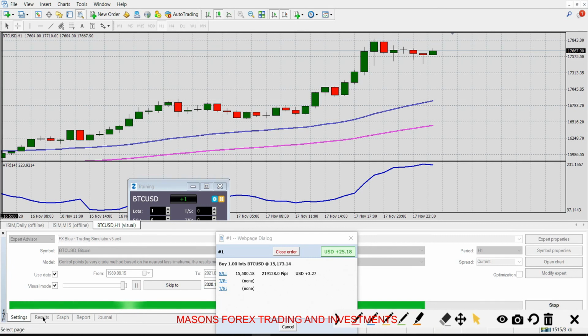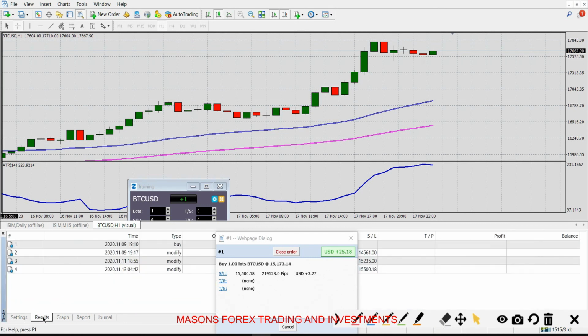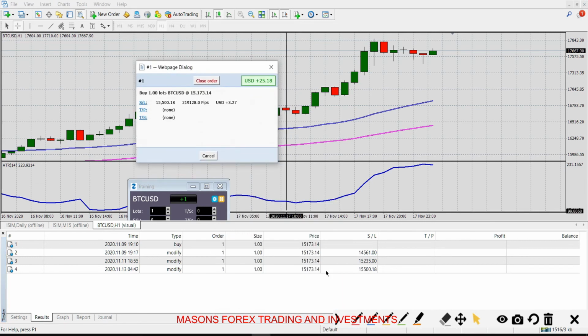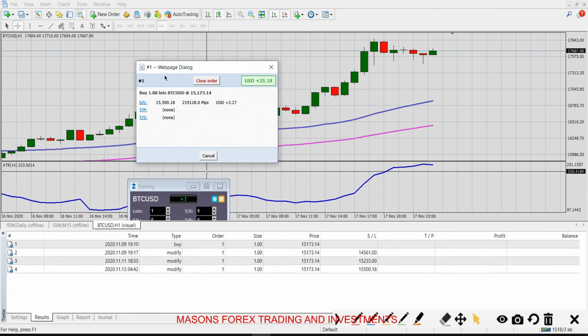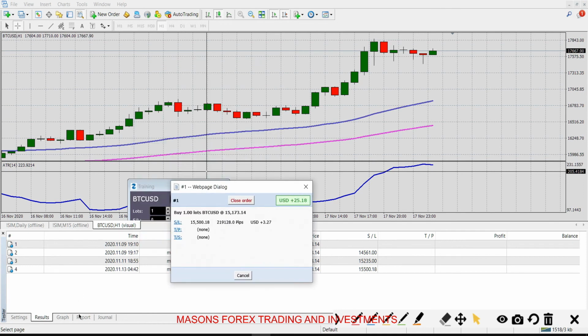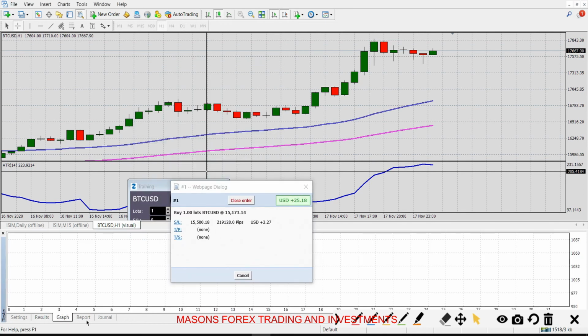If you come to this tab here and you click written results, you'll notice that we also have the information of our transactions. So it gives us the date, the time, and the transaction. And then you can also look at the graph and report.